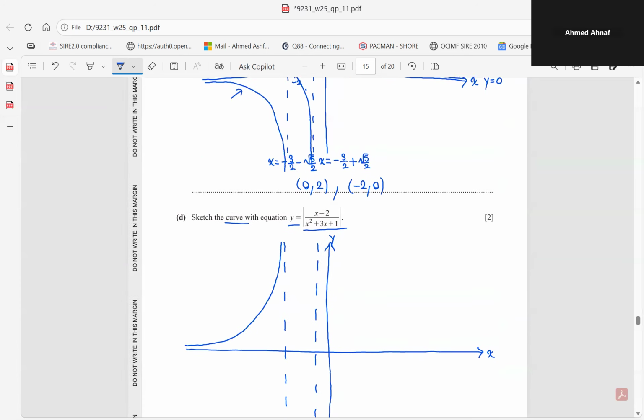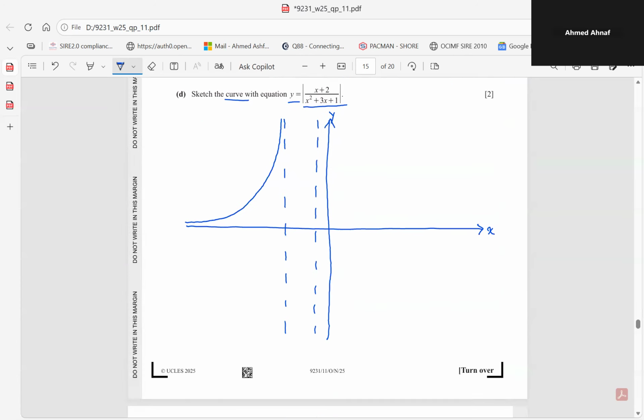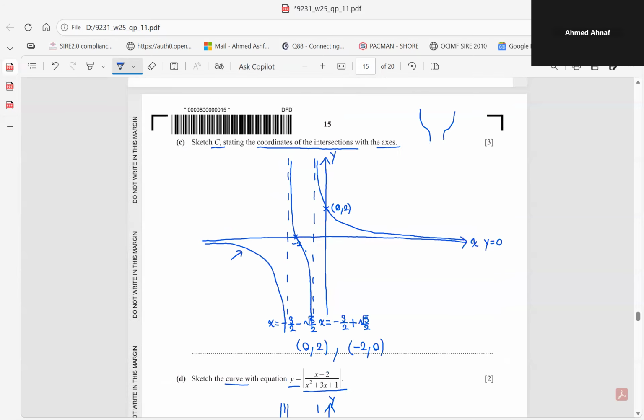And then for the branch in here, the one that goes like this, and then it goes down, we need to reflect the one that goes down like this. Okay, wait, that's not too good. So it goes, wait, let me see.